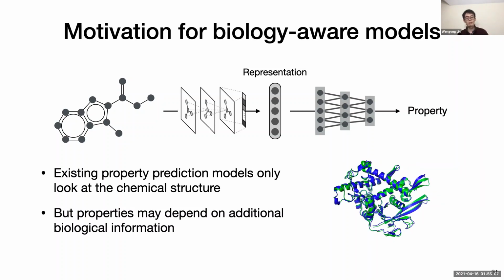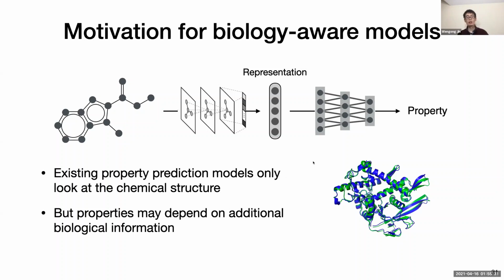Properties may depend on additional biological information, for example, whether this molecule binds to certain proteins or biological targets, and maybe that's why it killed the bacteria or the virus. This model does not tell you much about the inner mechanisms or how it actually arrived at the end property.